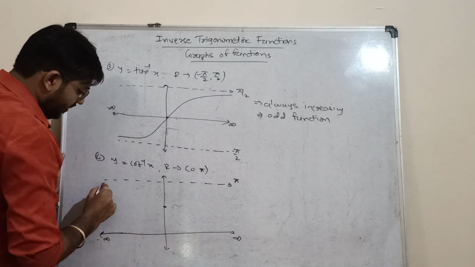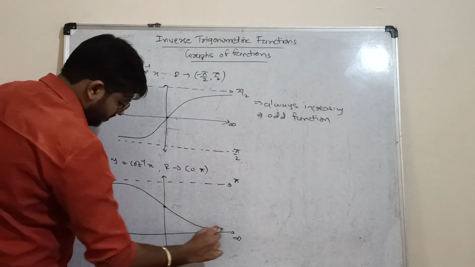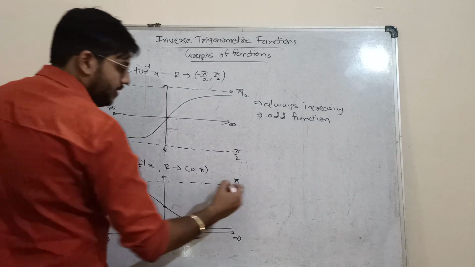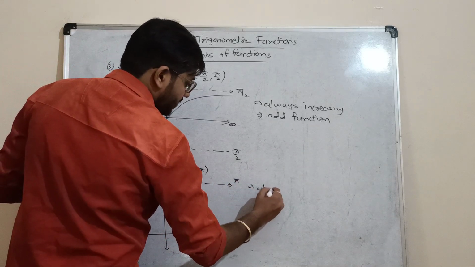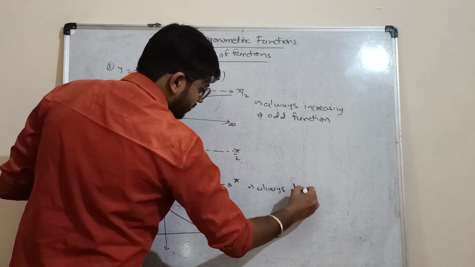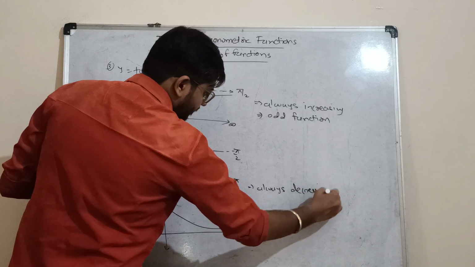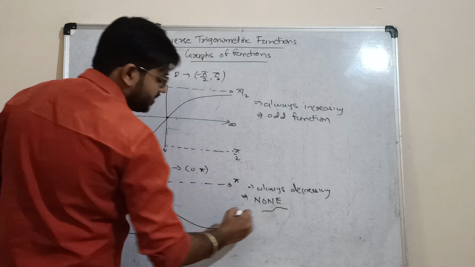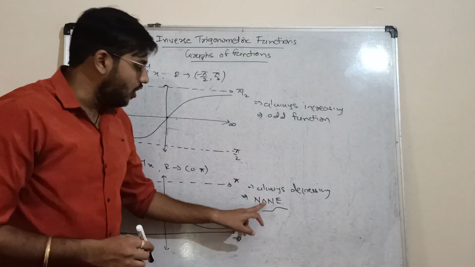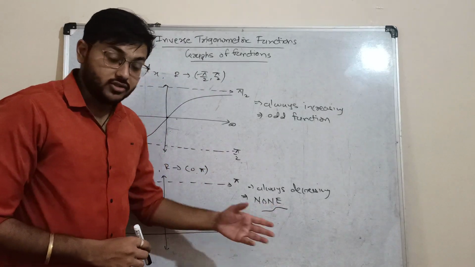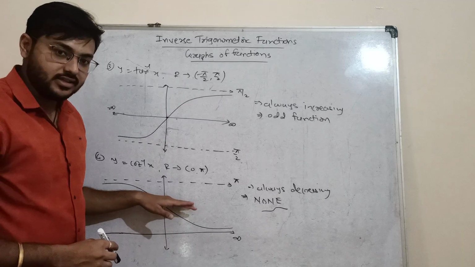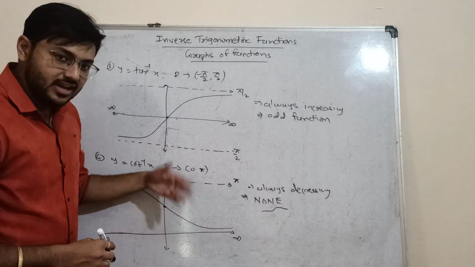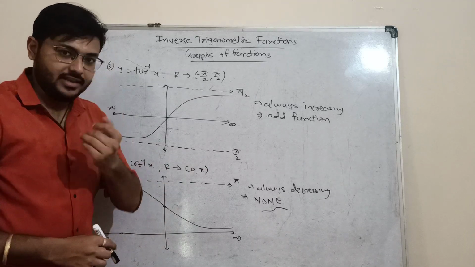So the graph will be something like this. So what we observe is that it is always decreasing, and second, again it's a null function. Null stands for neither odd nor even, because the whole graph is above the x axis, not symmetric to the y axis and not symmetric to the y equals x line.